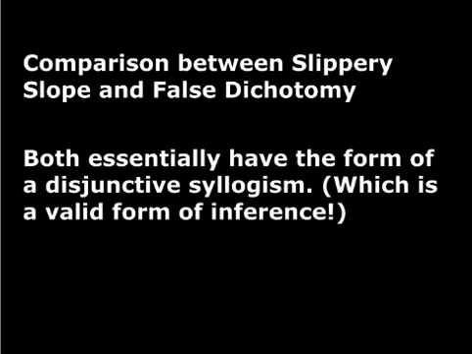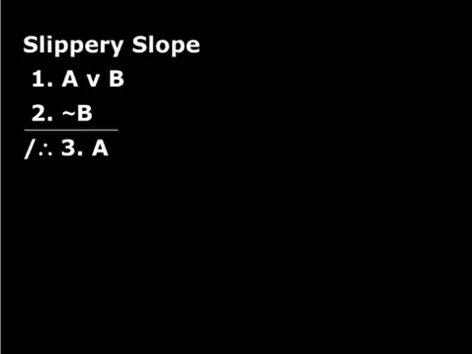They seem similar because they both essentially have the form of a disjunctive syllogism. Keep in mind, disjunctive syllogism is a legit, valid form of inference. So slippery slope has this form: A or B, not B, therefore A. So it's my position or my opponent's.